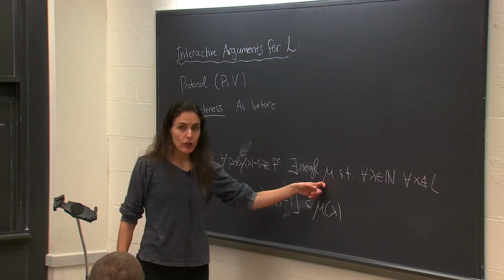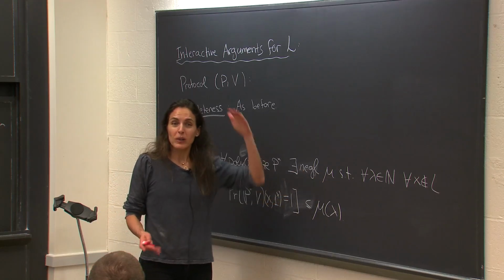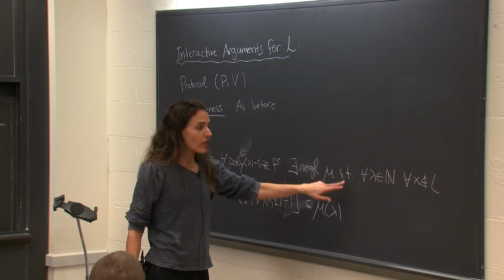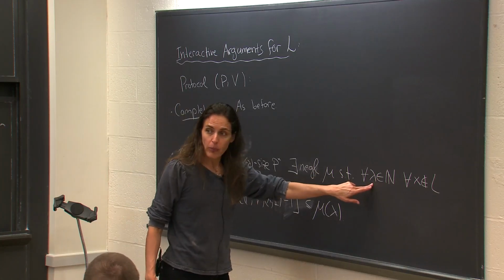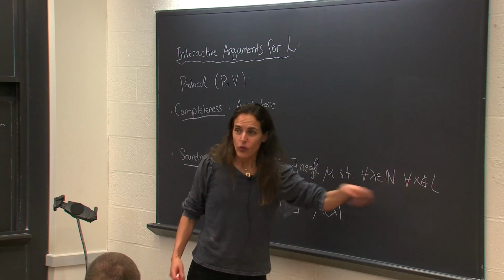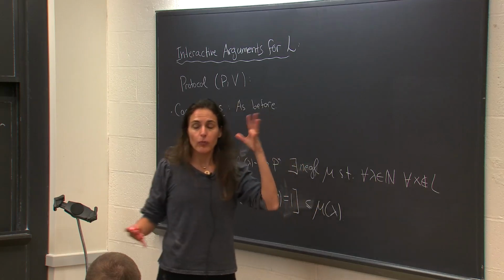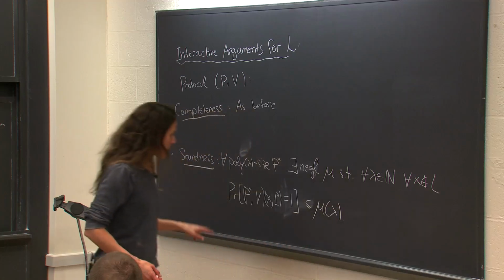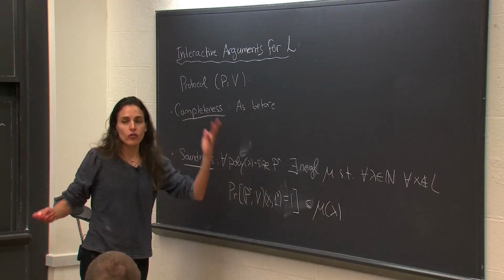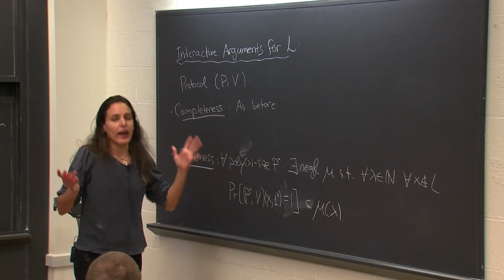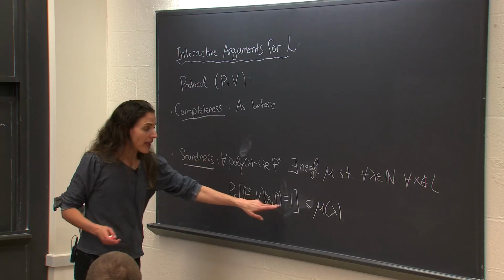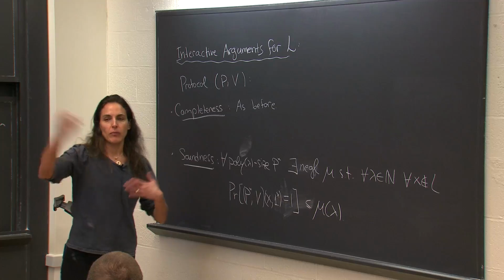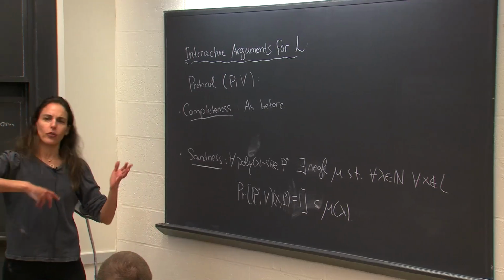Namely, there exists a negligible function mu. Again, negligible means it's smaller than any inverse polynomial, such that no matter which security parameter you use, and any x, think about P star, he's polynomial in the security parameter. He chooses an x adversarially. The probability that he convinces the verifier, now the protocol depends on the security parameter, so the verifier may choose a hash function according to the security parameter.